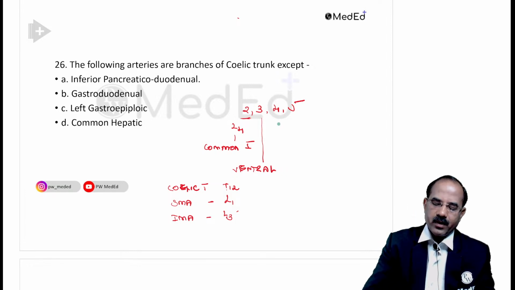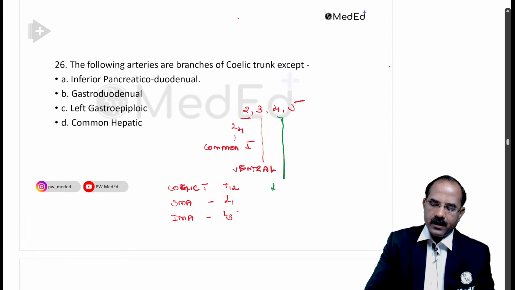Coming to 4. What is this 4, students? These are the lateral branches, and lateral branches are paired. This is very important.